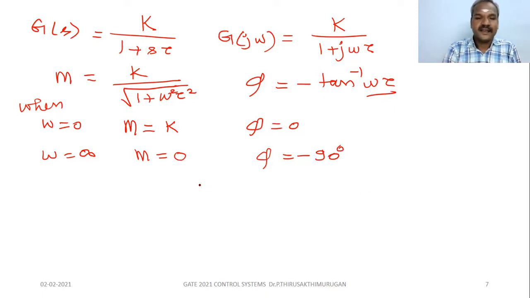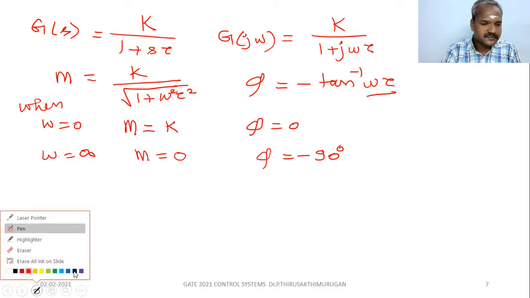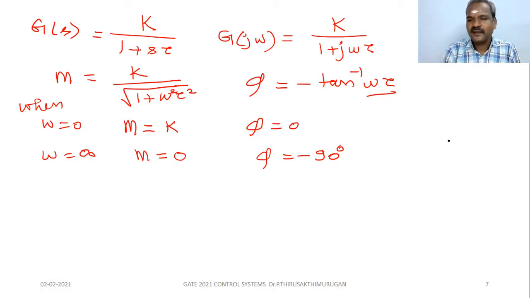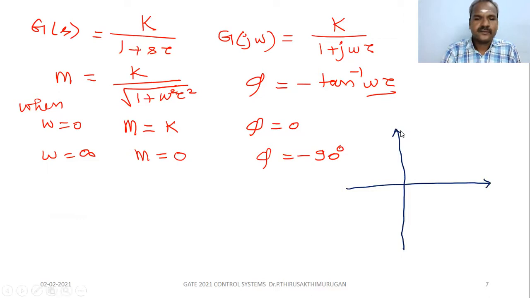So let us draw the polar plot. When omega equal to 0, the magnitude is K and the phase angle is 0.